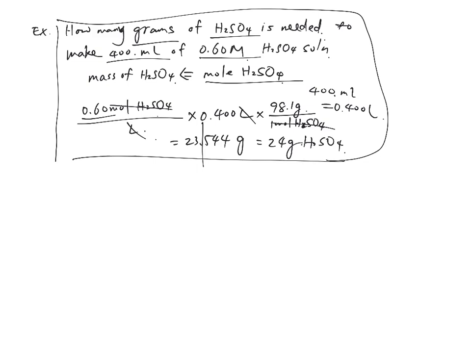You can go, well, 23.5 grams of H2SO4 is made into 400 milliliters of solution.